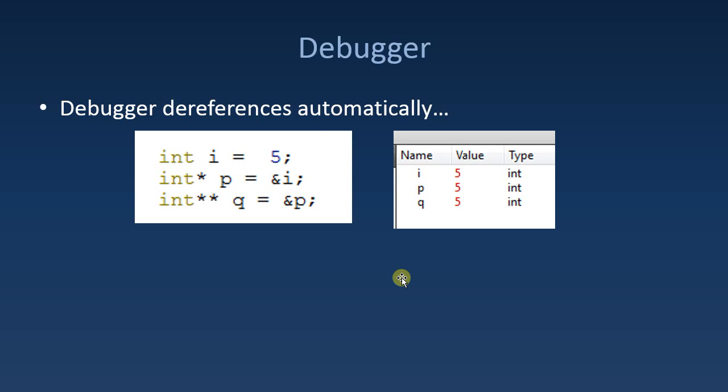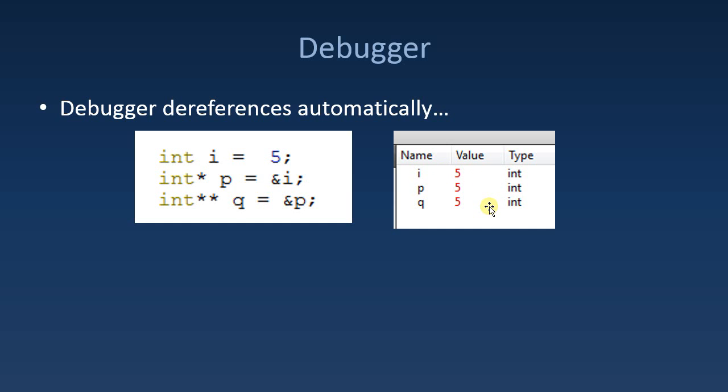One word about pointers in Qt Creator is that to try and be helpful, the debugger is always going to dereference pointers. So if I have I that stores 5 and P points to I and Q points to P because it's a pointer to a pointer, they're all going to show the value that they point to, not the memory address.